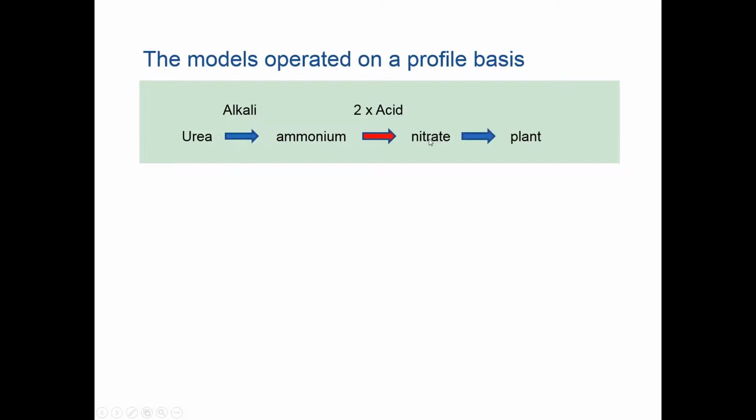And if that nitrate's taken up by a plant, you get an alkali release. So we've got an alkali, two acids and an alkali, you add them all together and you get no pH change. This is where in that Cregan and Hellyer table, which I showed you before, for every kilogram of nitrogen that you apply using urea, you don't need to add lime because theoretically there's no pH change.